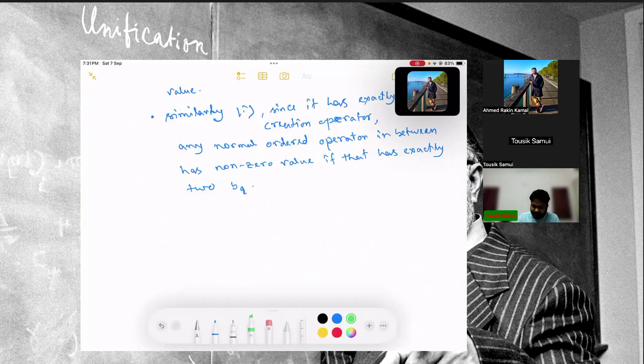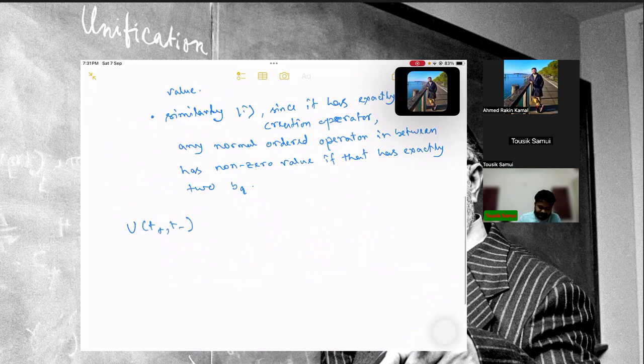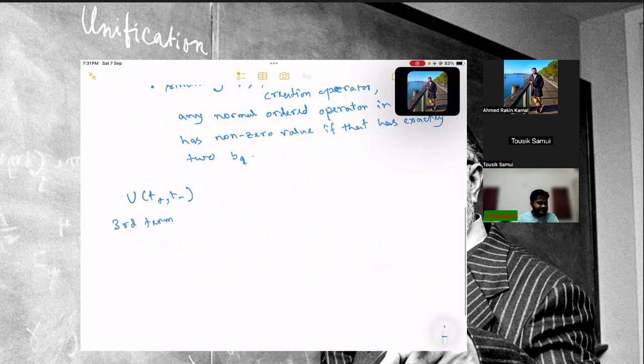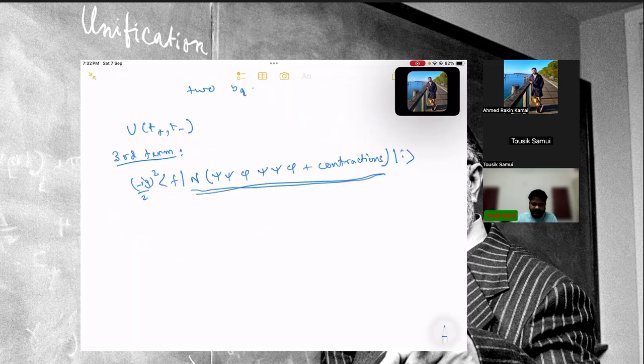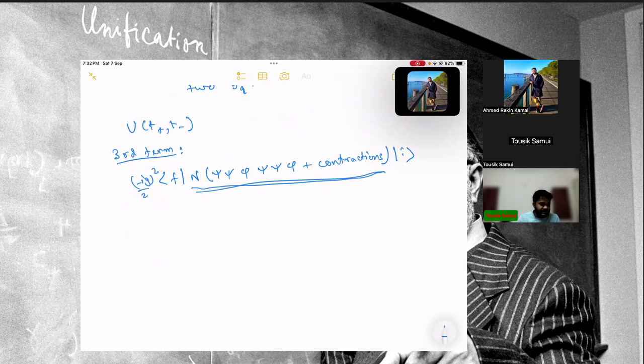Now if we come back to the third term of the expansion of U(t+, t-), we will see that it had normalization psi psi phi plus contractions, then I. Out of all the operators that we get from here, the only surviving operators should have two B daggers and two Bs, and the rest will not contribute.